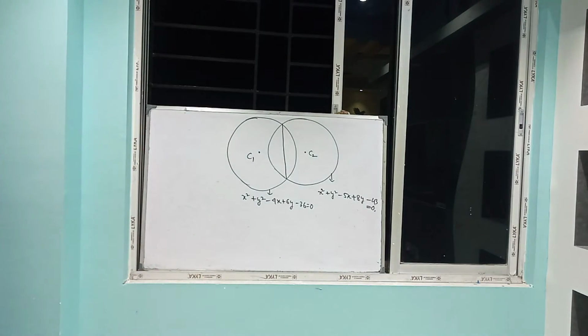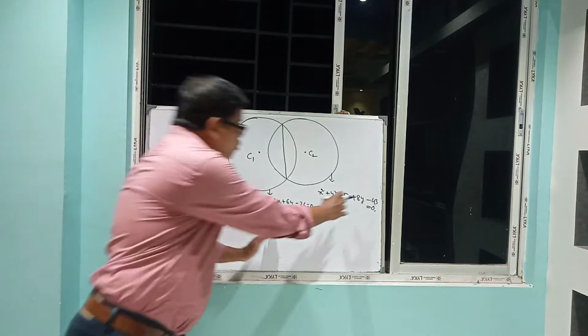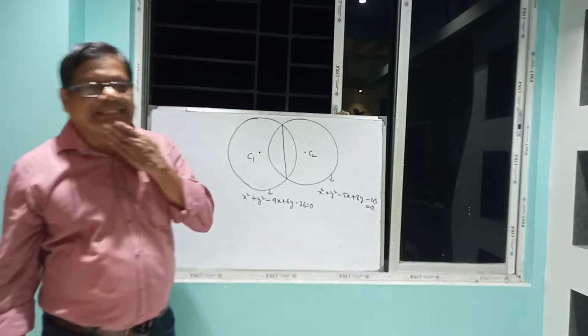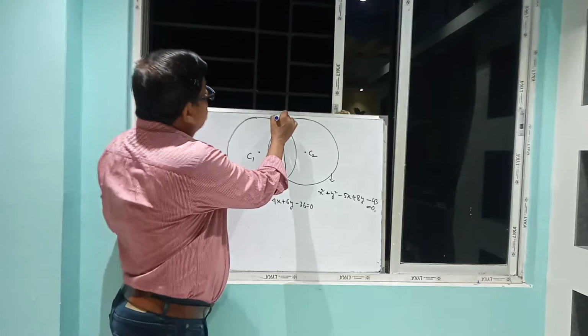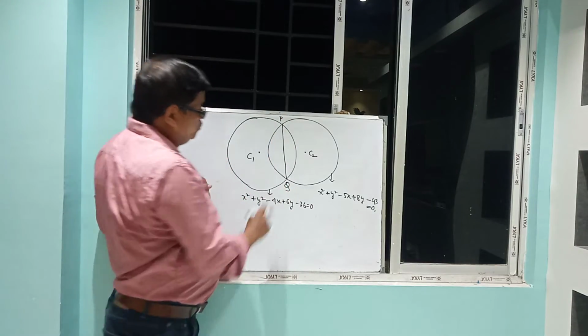Find the equation of the common chord and also find the length of the chord. Suppose these are P and Q, find out this length.